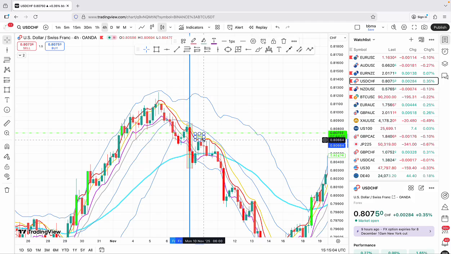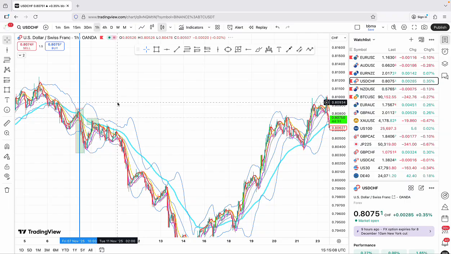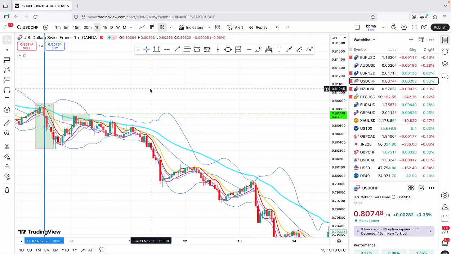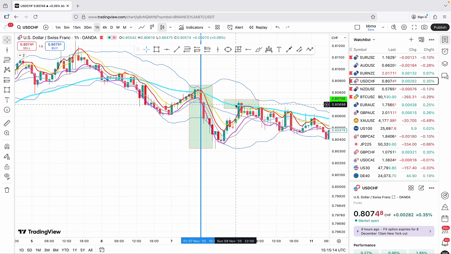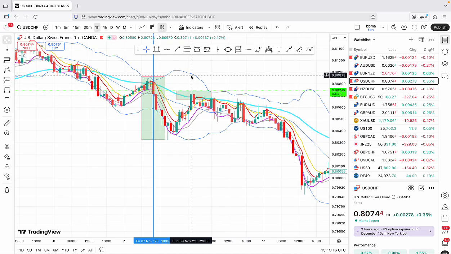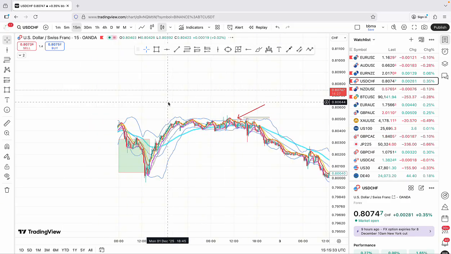We mark the re-entry zone. We'll go to time frame 2. We need to see either it rejects from EMA 50 or top BB, or it forms an extreme or something. So over here you see this is the rejection candle. So you have to wait for this candle. Once you see this candle, you need to switch to time frame 3.